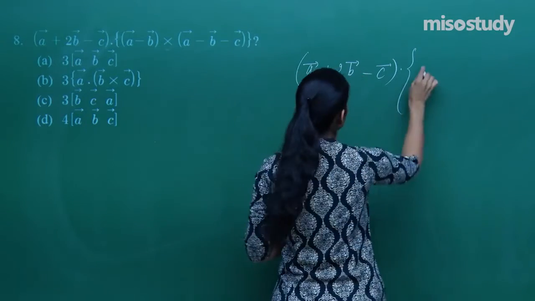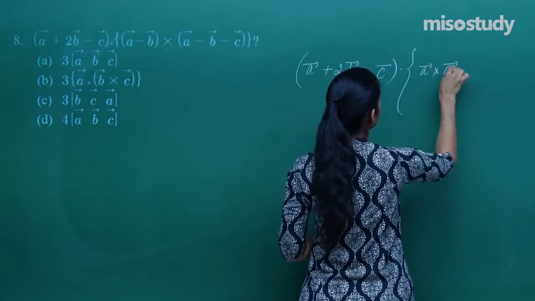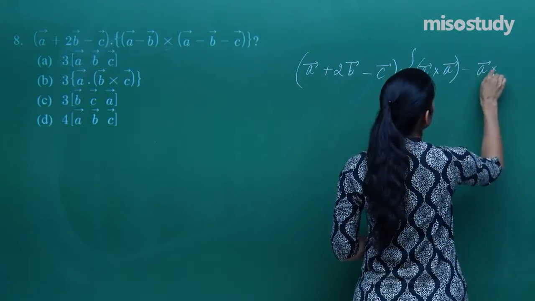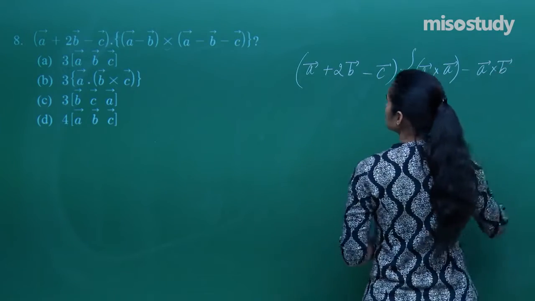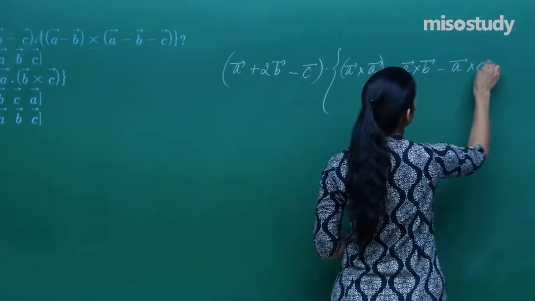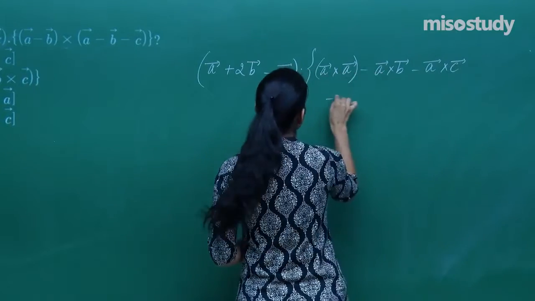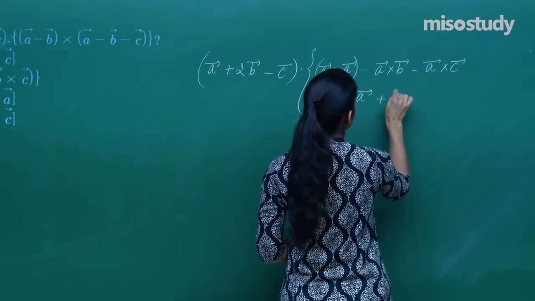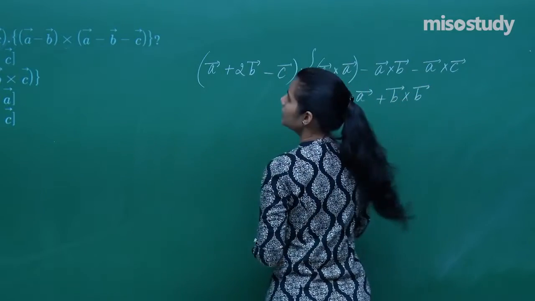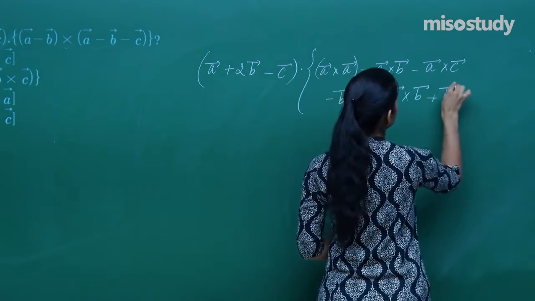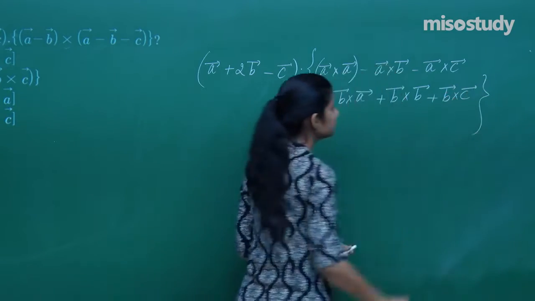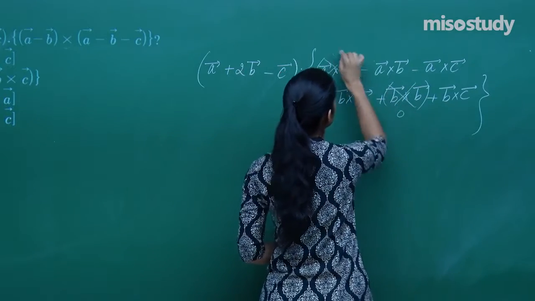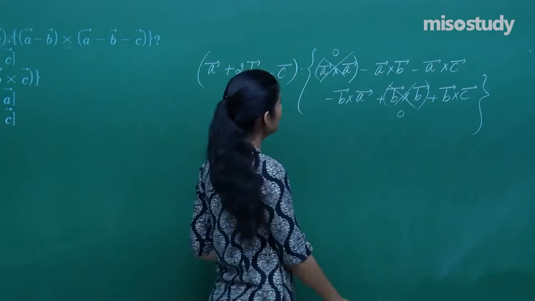This is A cross A minus A cross B minus A cross C minus B cross A plus B cross B and then plus B cross C. Clearly this is 0, this is 0, right?